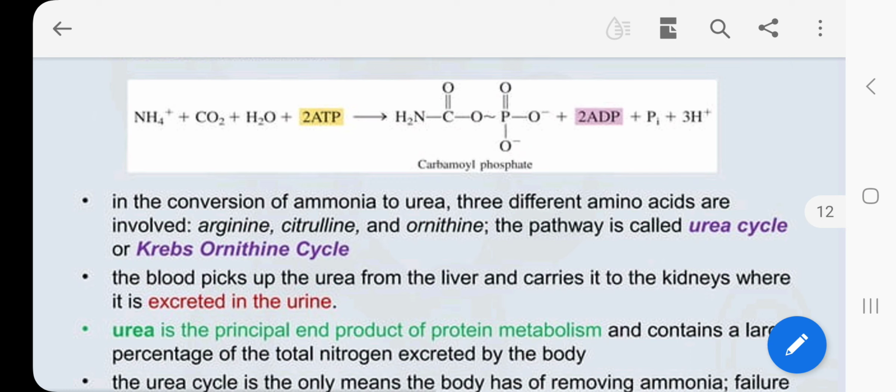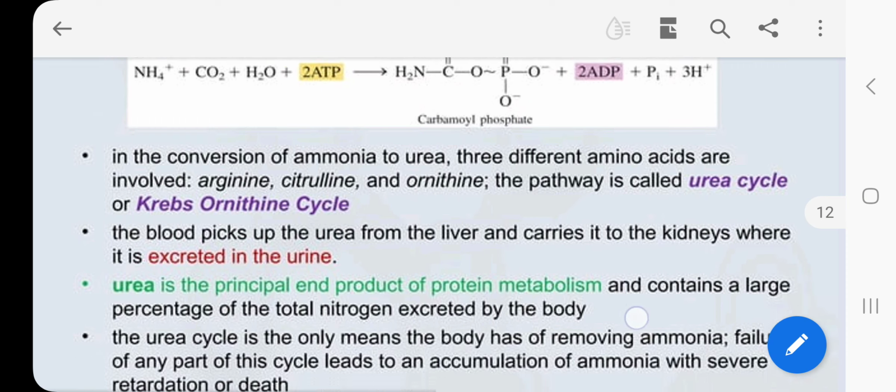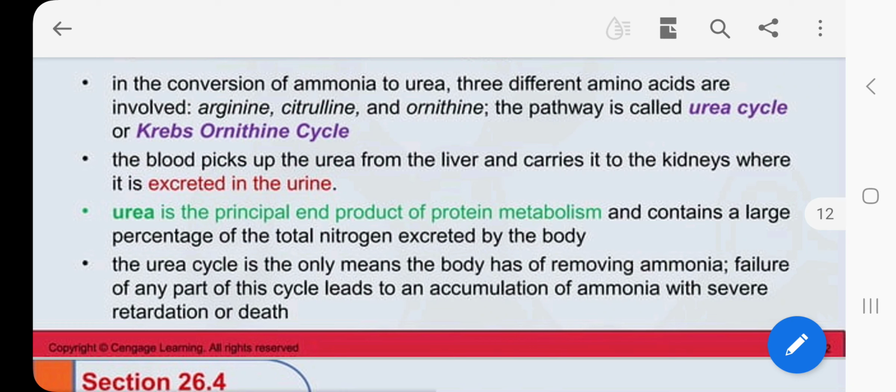Kaya ang ating urine is containing urea. Okay. So urea is a principal end product of protein metabolism and contains a large percentage of the total nitrogen excreted by the body. The urea cycle is the only means of the body para tanggalin tong urea. So any failure sa kahit anong part of the cycle will lead to an accumulation of ammonia with severe retardation.